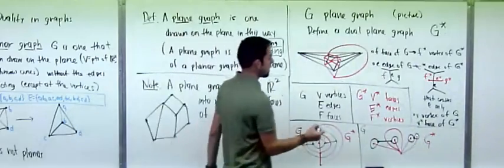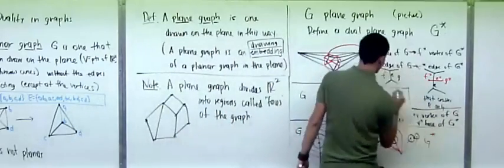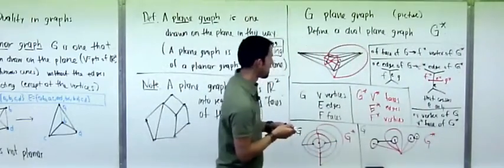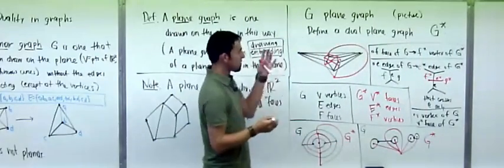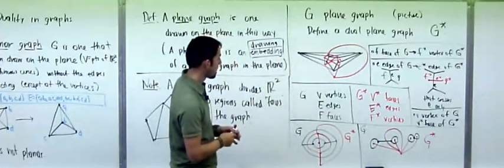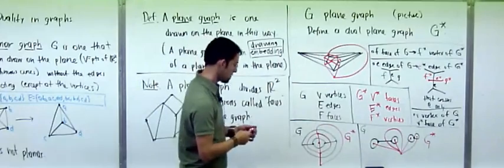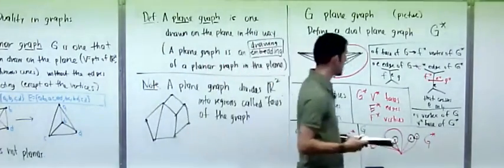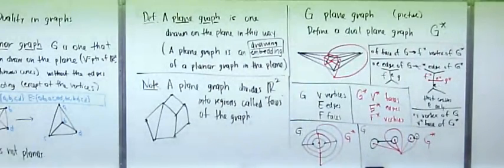Okay. So that's my definition to go from G to G star. Okay. So maybe you can guess the first statement that I want to say about this notion of duality.